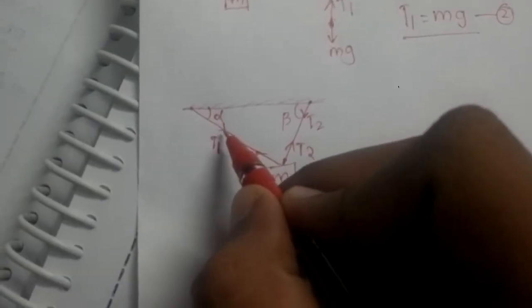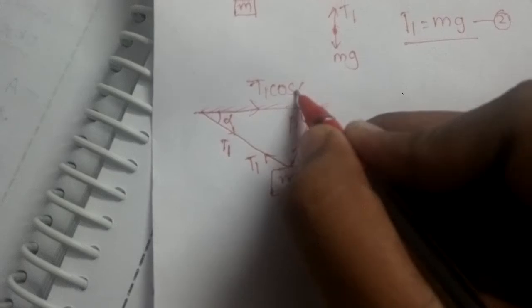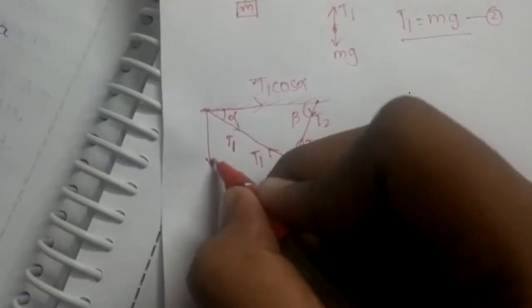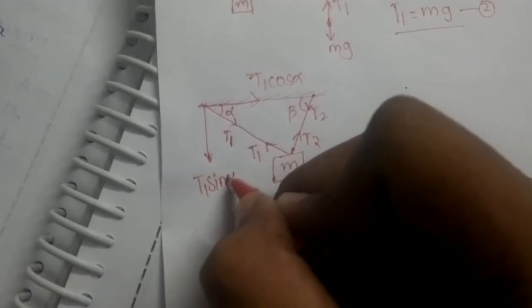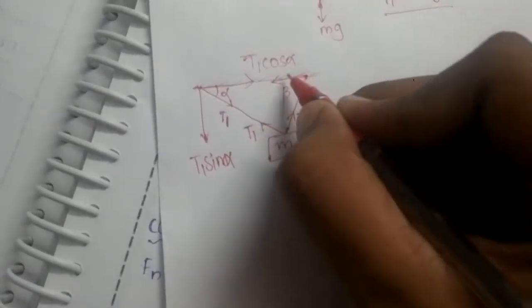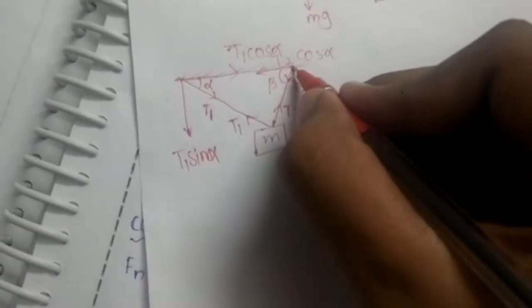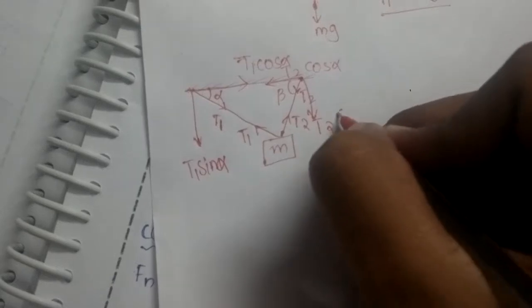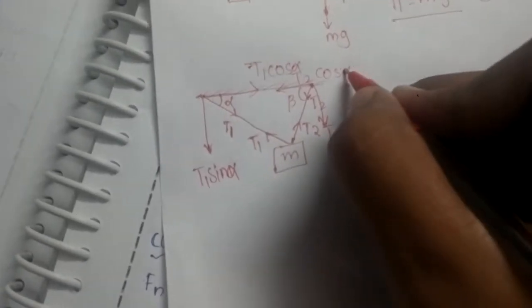Let us divide the tensions into horizontal and vertical components. We get T1 cos alpha in this direction, T1 sin alpha, T2 cos beta in this direction, T2 sin beta in this direction.